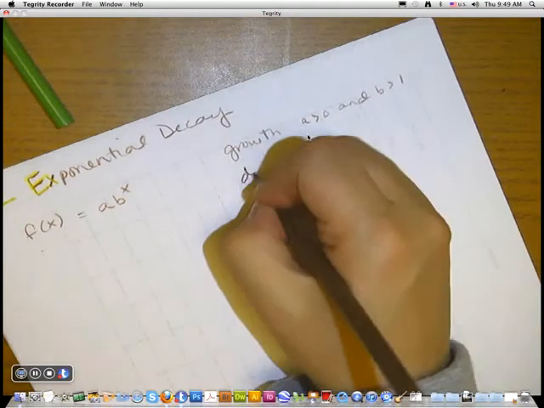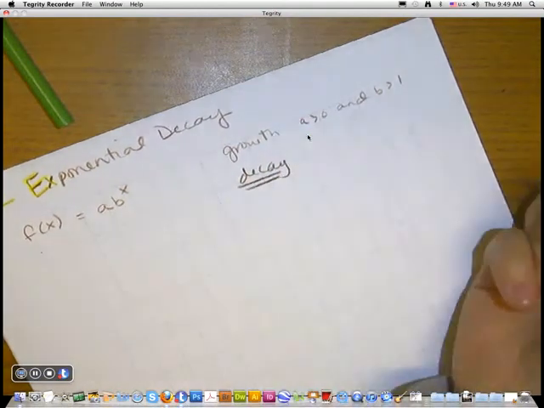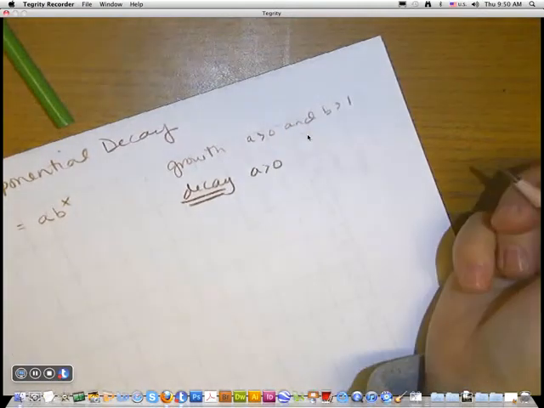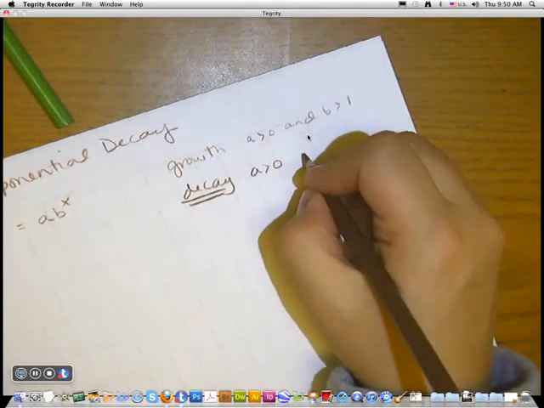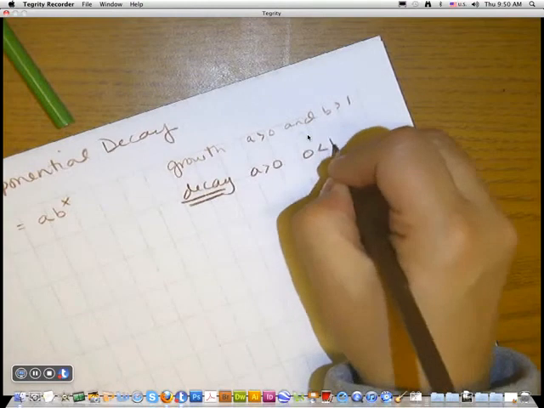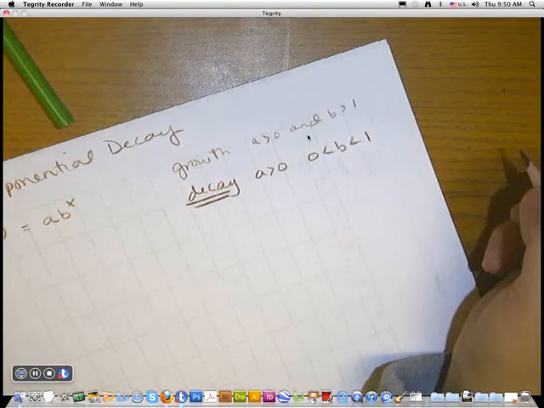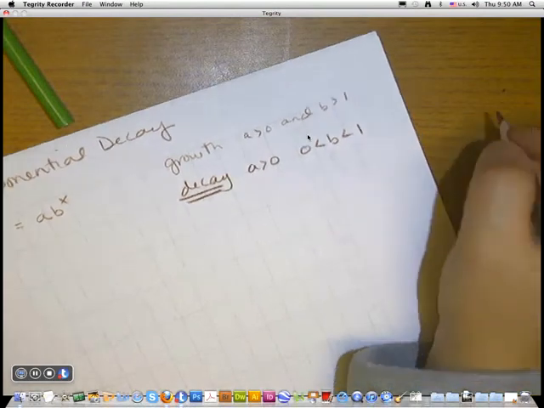But for decay, and that's what we're focusing on today, a is greater than 0 still, but now b is between 0 and 1. It is a fraction. Decay will be fractions.